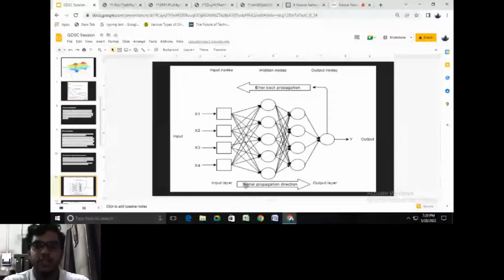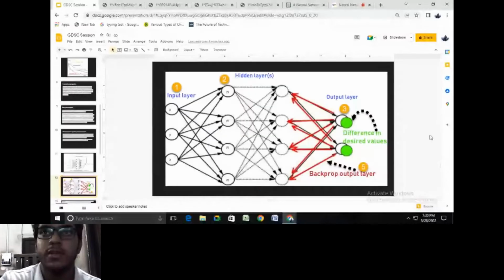But as it is, the output will not be very precise in the beginning. In the green circles here, it is shown the difference between the desired values, what the model should be predicting, and what the model is actually predicting.